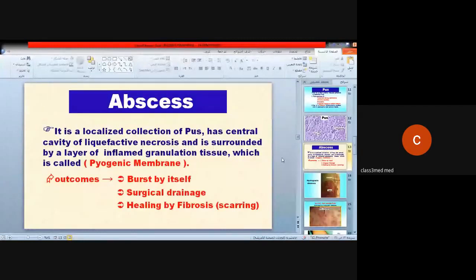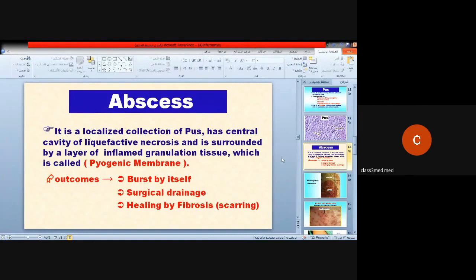As we said previously, abscess is an example of protective necrosis, as you took in cell degeneration, among the types of necrosis.